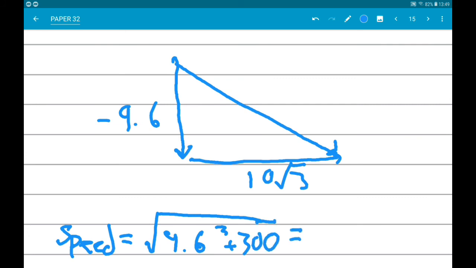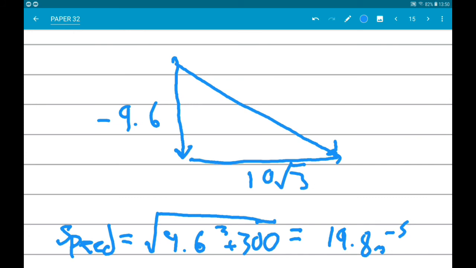And that gives us 19.8 meters per second. So that's its speed. Now we need to work out what angle it is to A, B, or the horizontal.